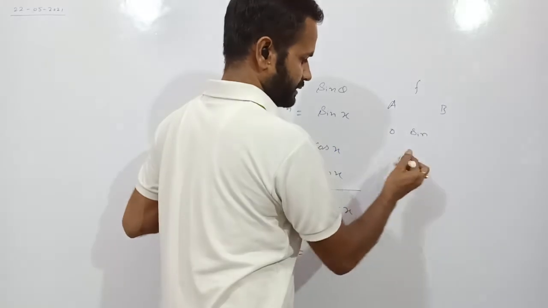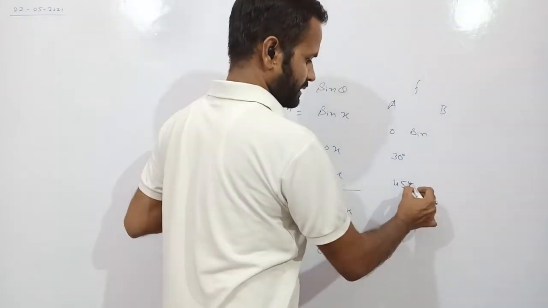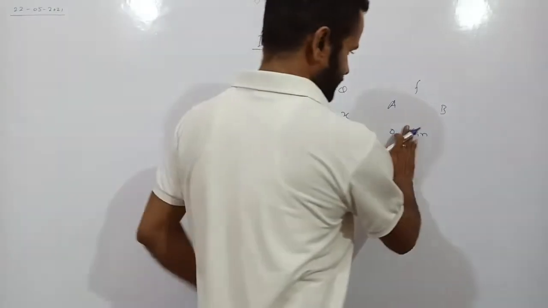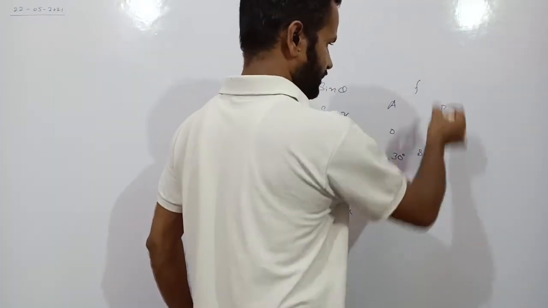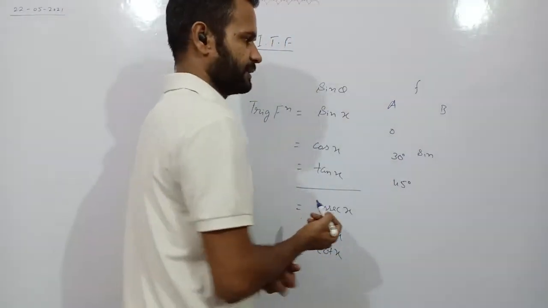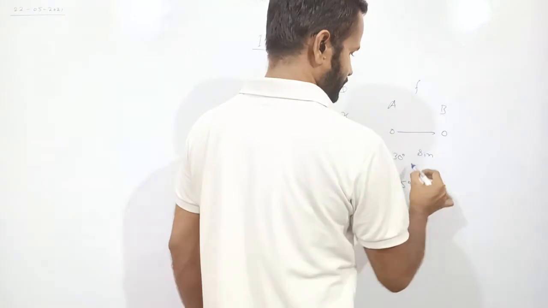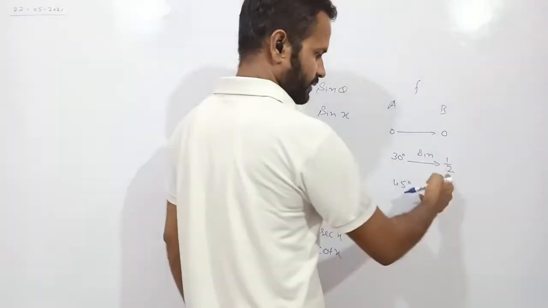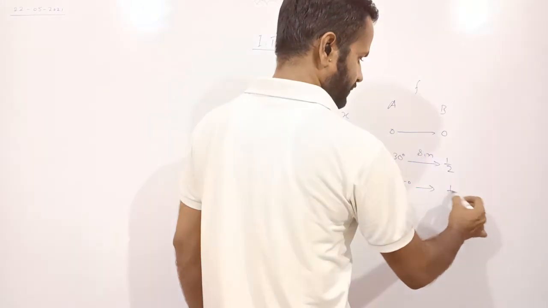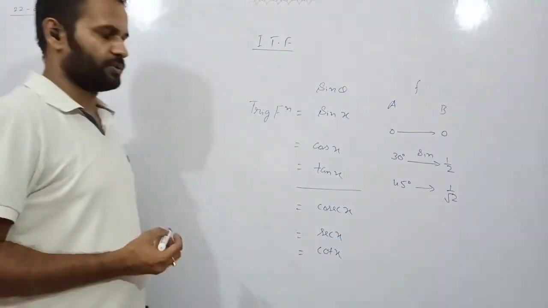Let us take them in degrees: 30 degree, 45 degree, and sine is the rule. Okay, the function is sine. Then in B, 0 will be related to 0, 30 will be related to 1/2, because sine 30 equals to 1/2, and 45 will be related equals to 1/2.